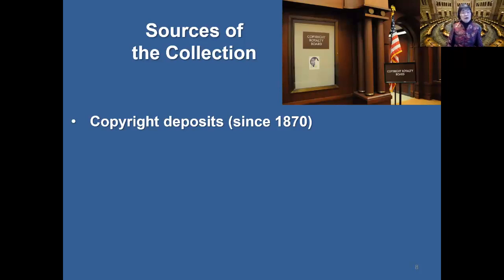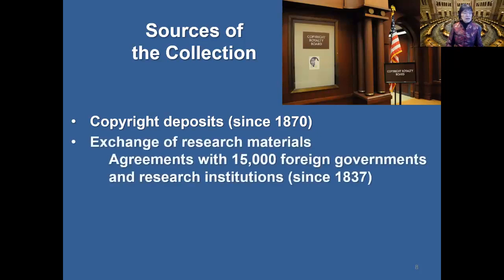So that's one of the very big resources. The second part is that they have many exchange agreements with more than 15,000 foreign governments and research institutions, which also started more than a century ago. So they do exchange material with those organizations worldwide. They also receive gifts.